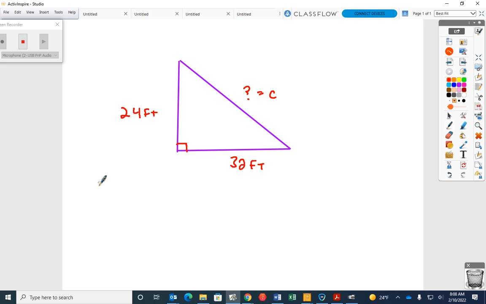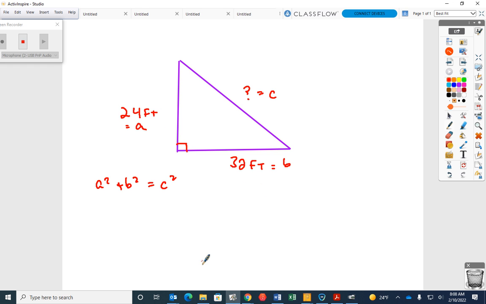So I'm going to write A squared plus B squared equals C squared, okay? Did you write that down, Smear? Okay. Now all I've got to do is plug them in. Well, what did I just say about A and B? Does it matter which one's A and which one's B? No, it's up to you. I'm going to make this one my A and this one my B, and if I did it the other way, it would be okay. All right?